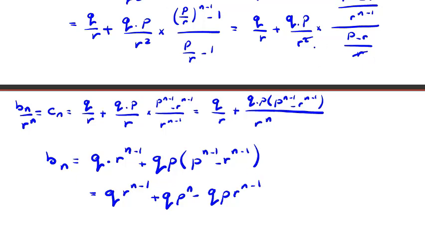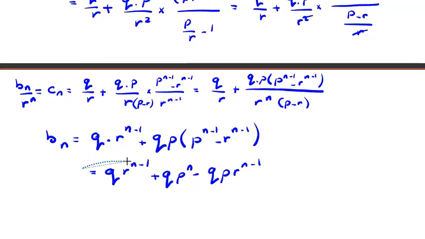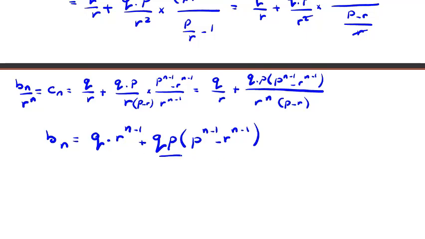I forgot here we have p minus r. Let's place it here, p minus r. And okay, so it will be p minus r when we multiply by r^n. So let's correct this part. When we multiply by r to the power of n, here we will have this, and here we will have p minus r.